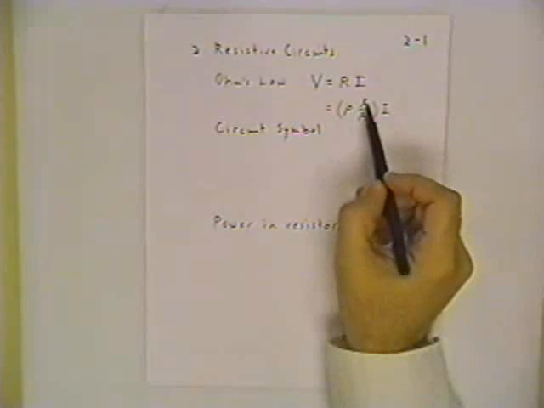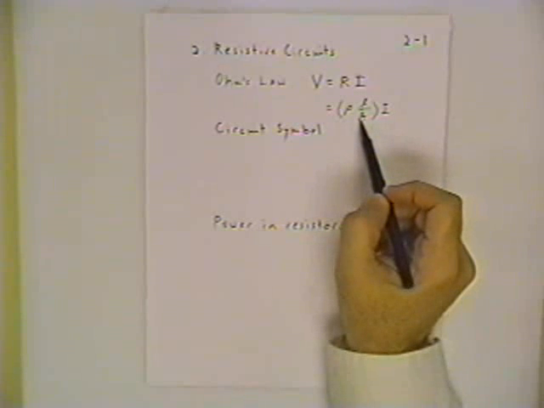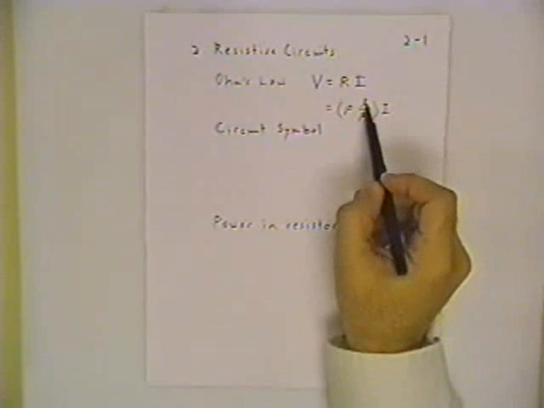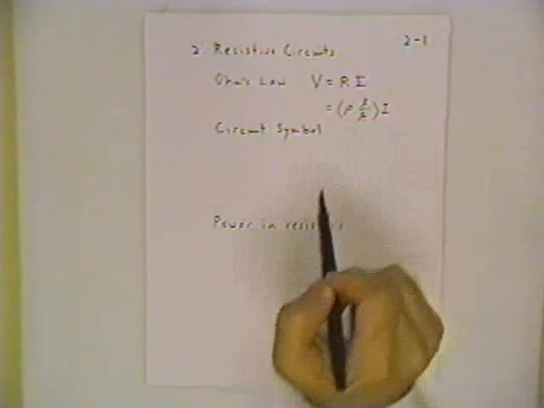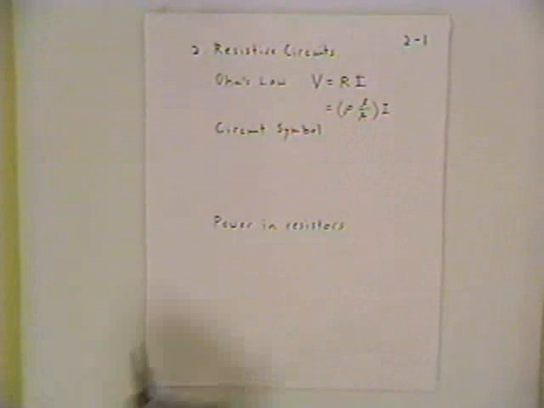That's resistivity, the length of the resistor, and the cross-sectional area. Remembering those two parameters, and how resistance is proportional to length and inversely proportional to cross-sectional area, is going to help you remember the series and parallel formulas that I'm going to give you.